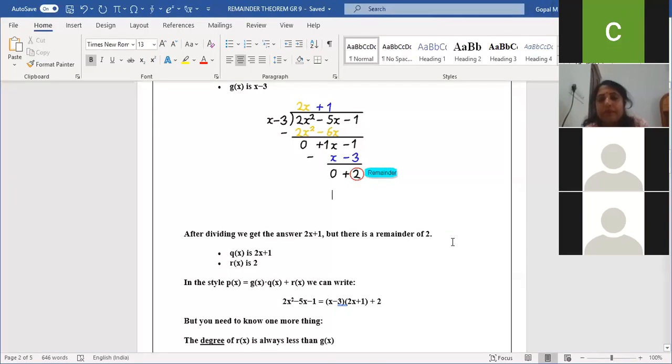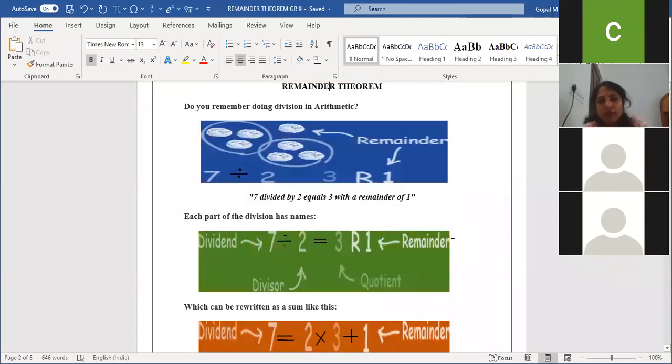About the types of polynomials, degree of the polynomial, coefficient. Exercise 2.2 is based on the zero of the polynomial. Exercise 2.3 is based on the remainder theorem.